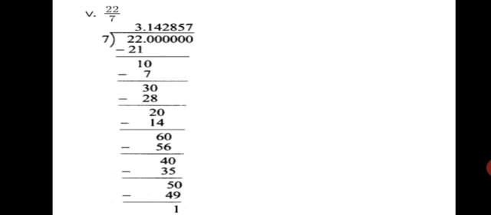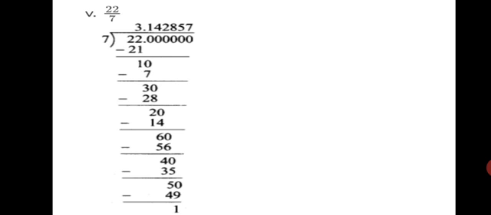Now 7 8s are 56, another 4 is the remainder, another 0 you bring down. 7 5s are 35, 5 is the remainder, one more 0 you bring down. 7 7s are 49. Till now you will see none of the remainders are repeated. But now when you took 7 7s are 49, the remainder is 1. 50 minus 49, remainder 1.